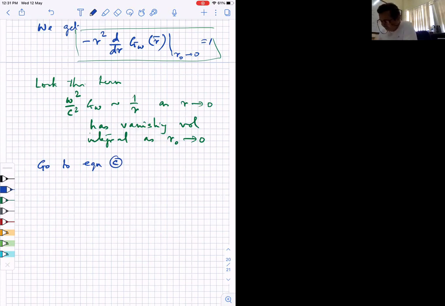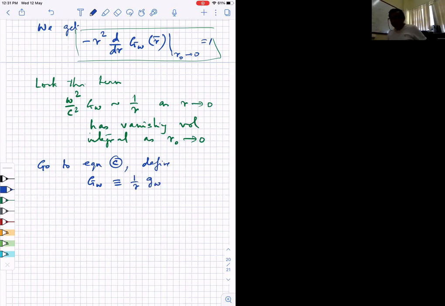Go to equation C and define a small GW. So how will I define a small GW? I will define GW as 1 by r GW.